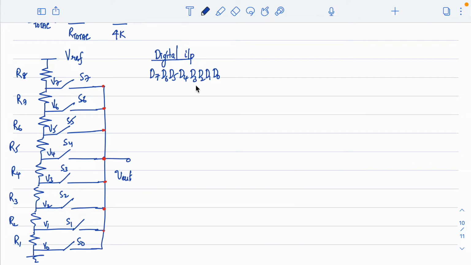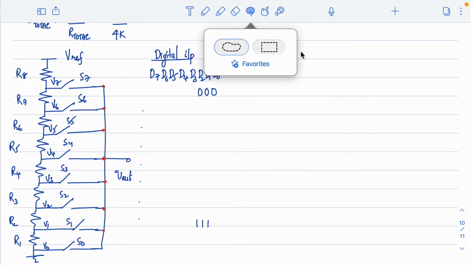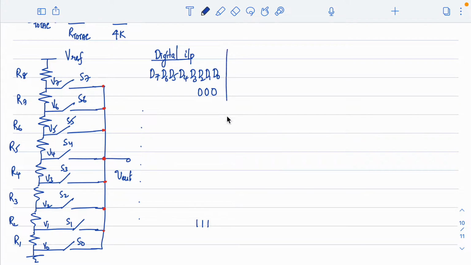All right, so now this will vary all the way from 0, 0, 0 till 1, 1, 1. All right. So this is the digital input.